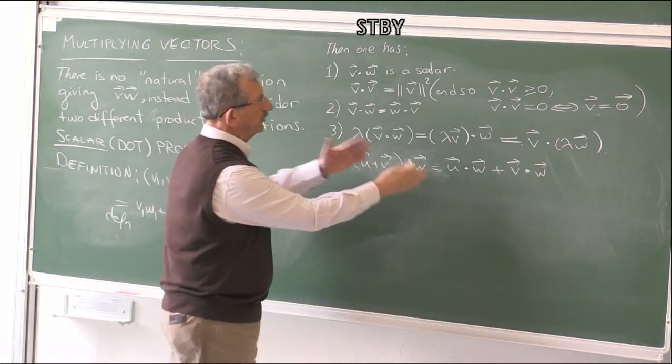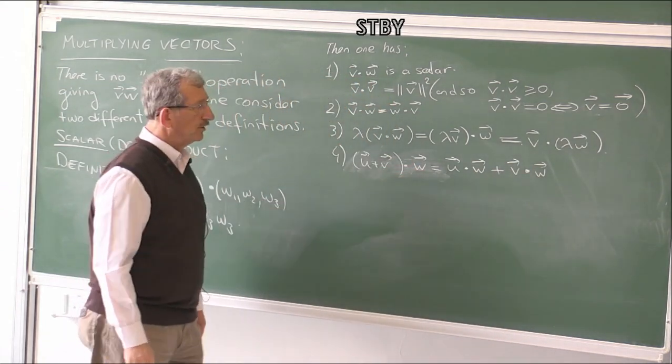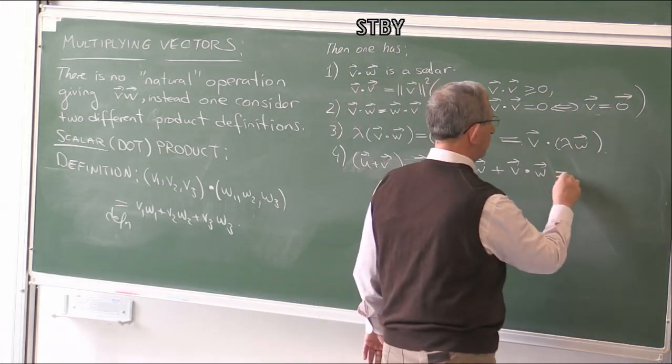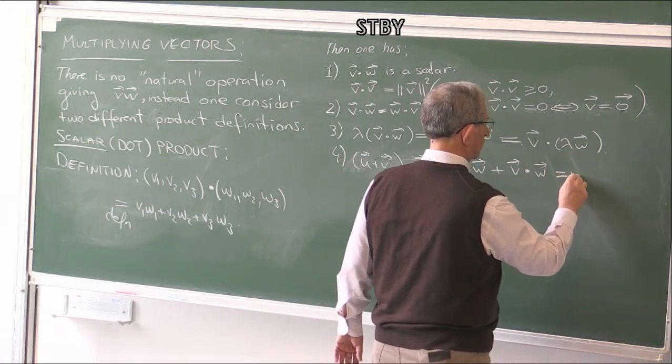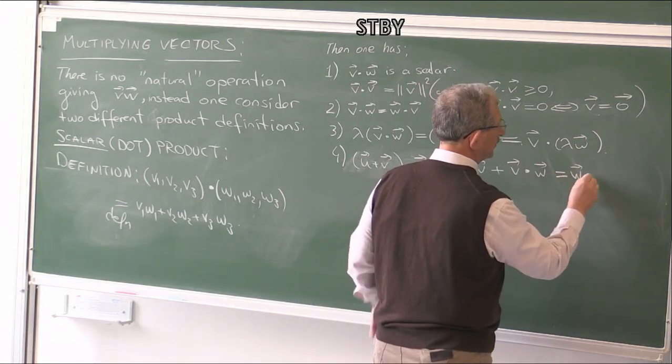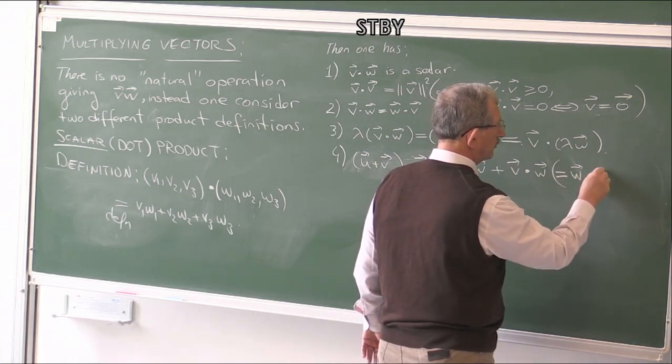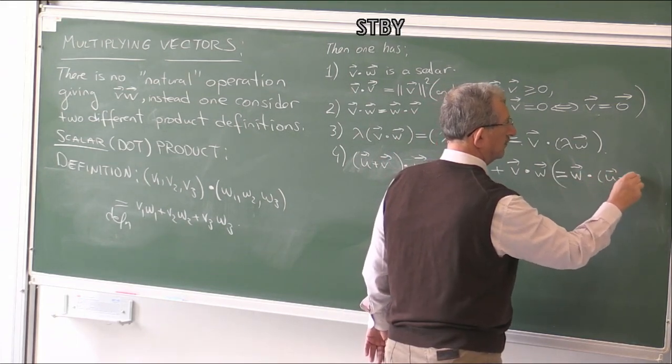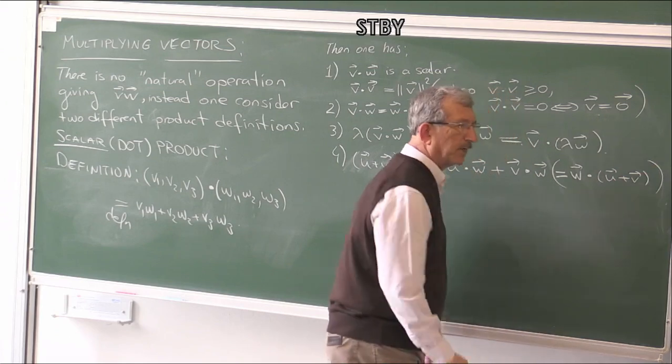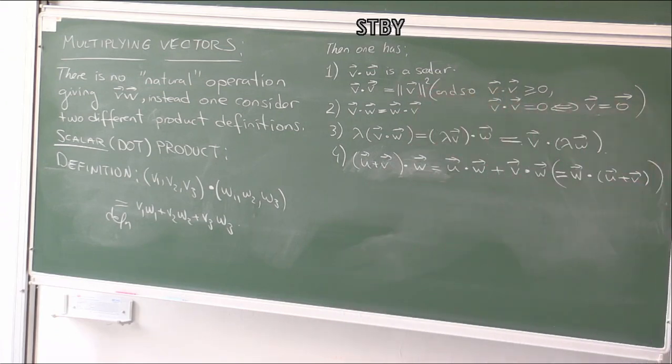You can put it on the other side, certainly, and it would be the same as w dot u plus v. Roughly, that's fine.